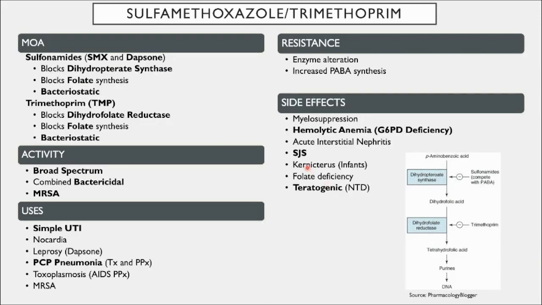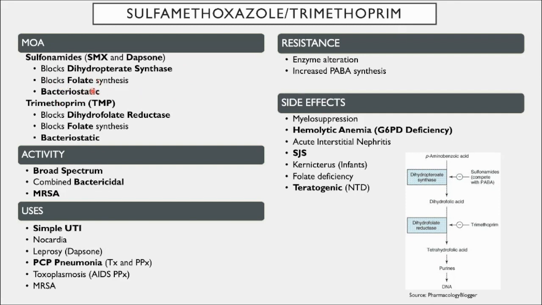Okay, sulfamethoxazole trimethoprim. And in fact, this is kind of just sulfa drugs in general, which is why you have sulfamethoxazole, SMX, and dapsone. Dapsone has a very similar mechanism of action. So sulfonamides and trimethoprim. Sulfonamides block the first portion of the folic acid cycle. The dihydropteroate synthase blocks folate.